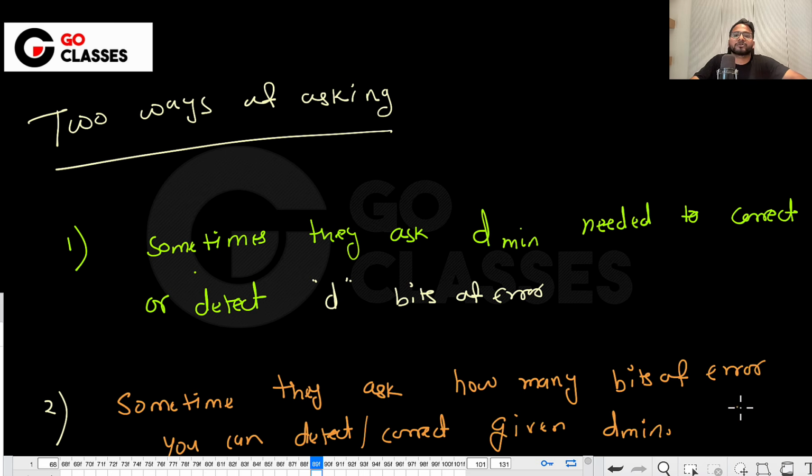Given this, how many bits of error can you detect or correct? So there are two ways of asking. Don't worry about the ways. You can just make the diagram, just divide into half for the correction, or for the detection you can just take a call. That's how you can solve these types of questions.